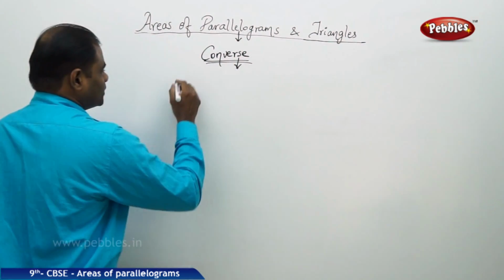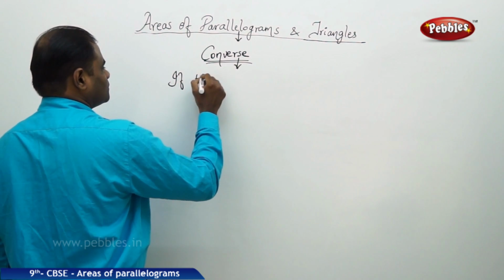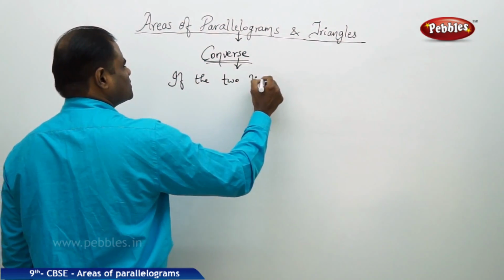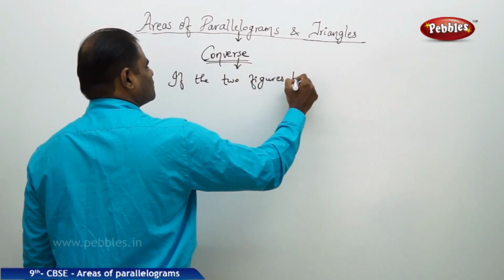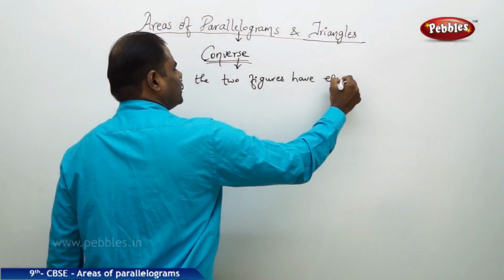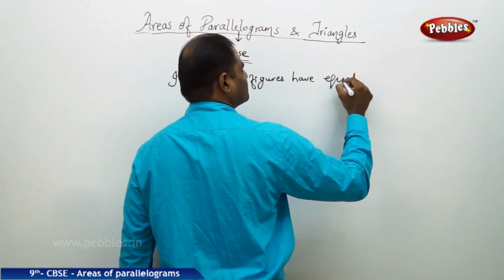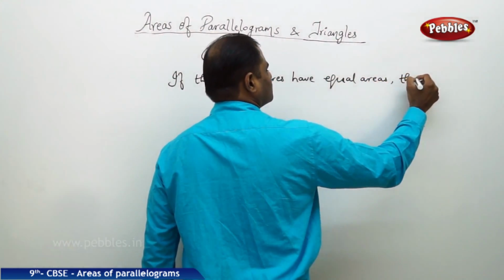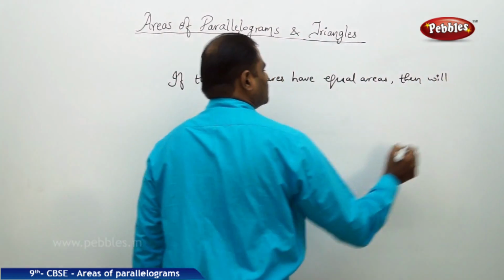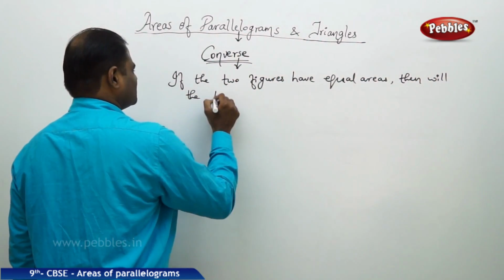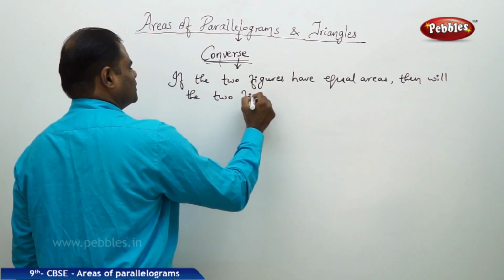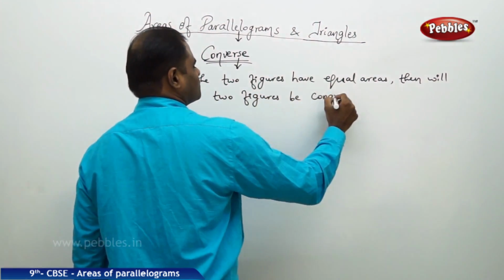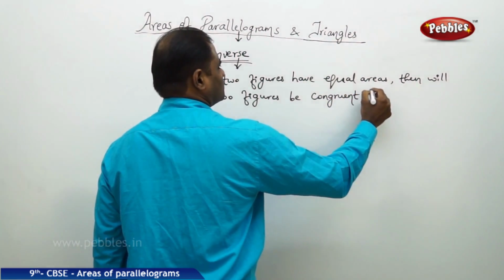So my question here is, if the two figures have equal areas, then will the two figures be congruent?